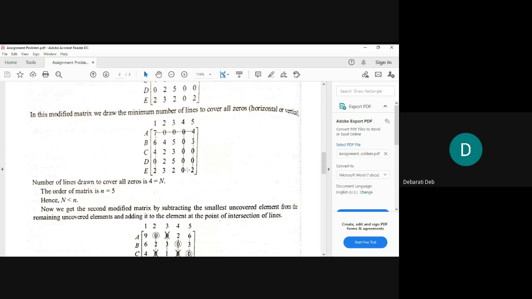So any doubt till this one? Till the fourth step? If there is any doubt, please unmute and ask. Or if there is no doubt, that also you tell me. If there is any doubt or no doubt, is it clear? Please tell me, then I'll move ahead accordingly.